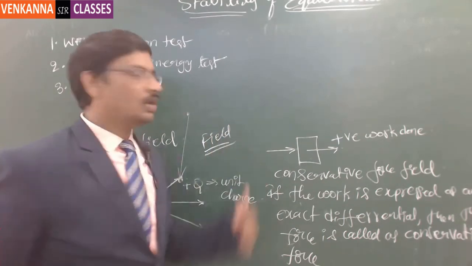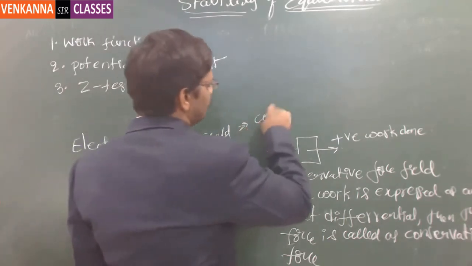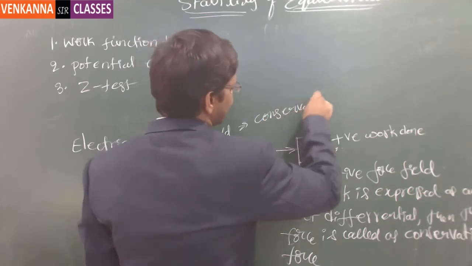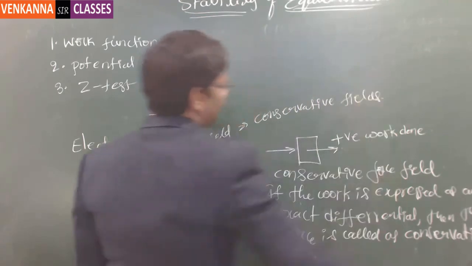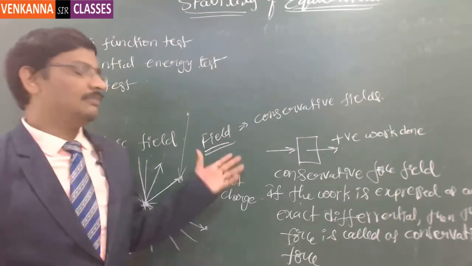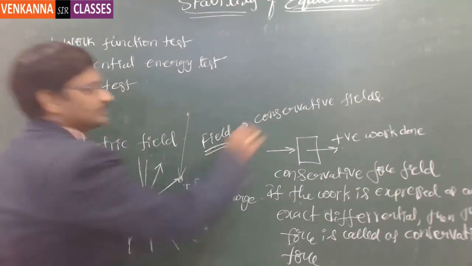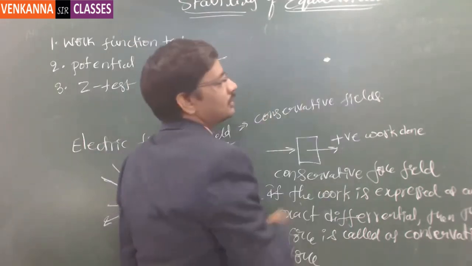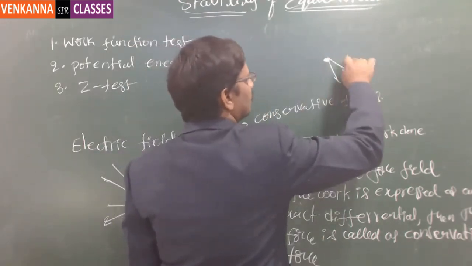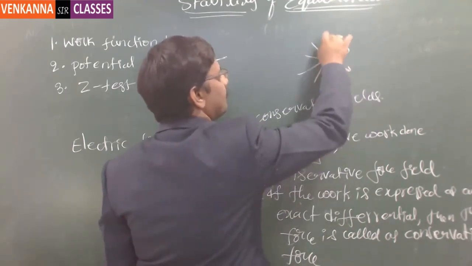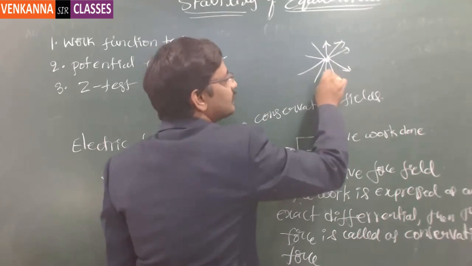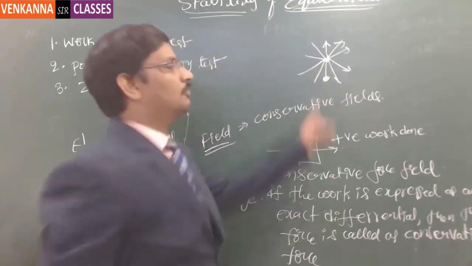So we are going to deal with only the conservative fields. Conservative fields meaning, suppose there is a point charge here and the force lines are everywhere outwards like this, and there is a charged particle here, there will be a force.